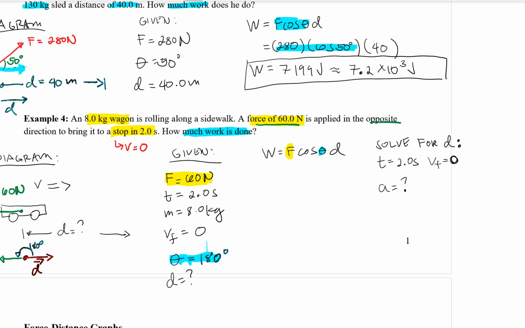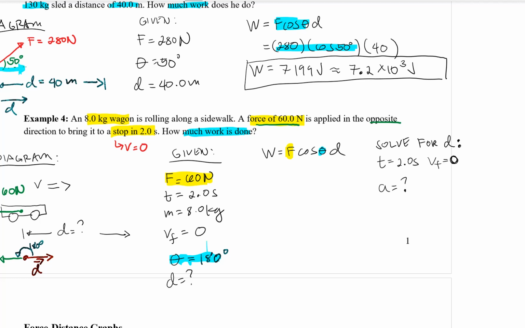Okay, so if you can remember our kinematic equations, we can use the displacement equations if at least 3 variables are given. In this case, it's quite obvious that we only have 2, the final velocity and the time.